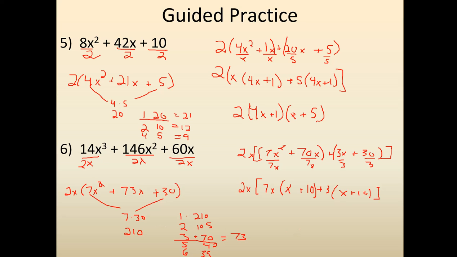So my final answer is the 2x that I pulled out before, the x plus 10 that they both share, and the 7x plus 3 that was in the front. And that's that.